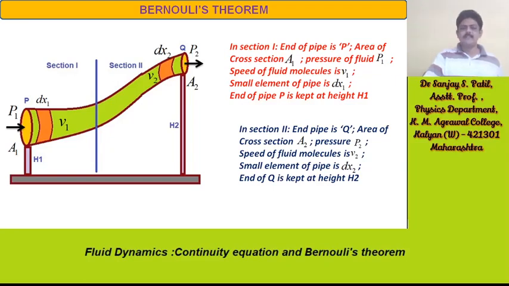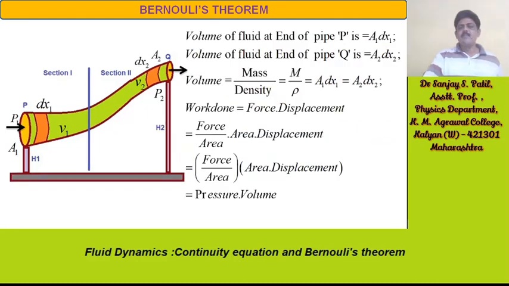From this diagram, the volume of fluid at end P of the pipe is A1 dx1, and the volume of fluid at end Q is A2 dx2. We know volume is equal to mass upon density, m divided by rho, which is equal to A1 dx1, which is equal to A2 dx2.